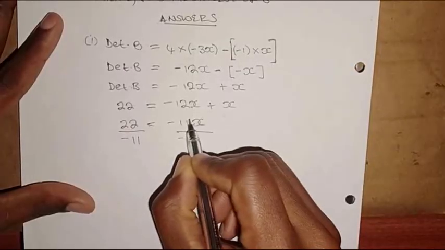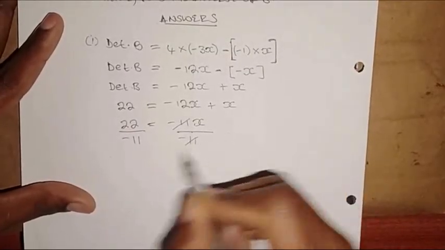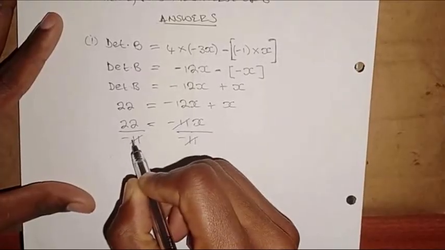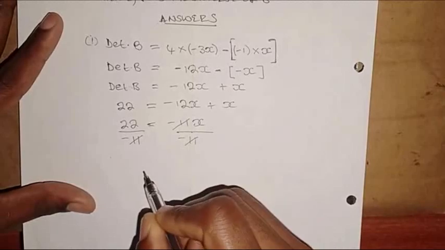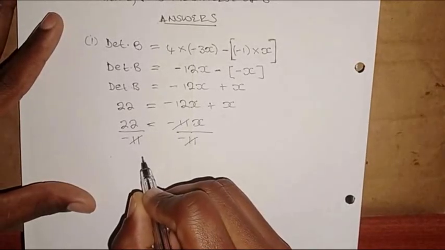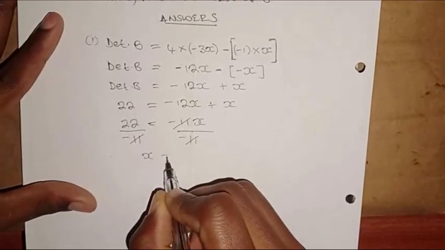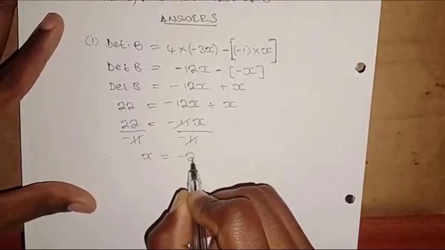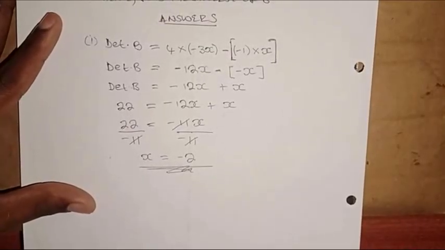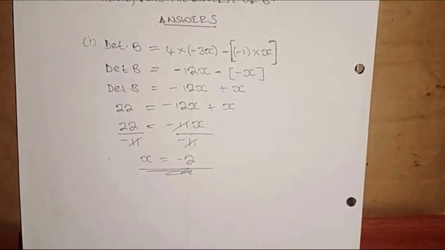When we do that, this cancels out with that. Negative 11 into negative 11 is 1. Negative 11 into 22 is going to be negative 2. So it's going to be x equals negative 2. That's the value of x. We have found the value of x just like that.